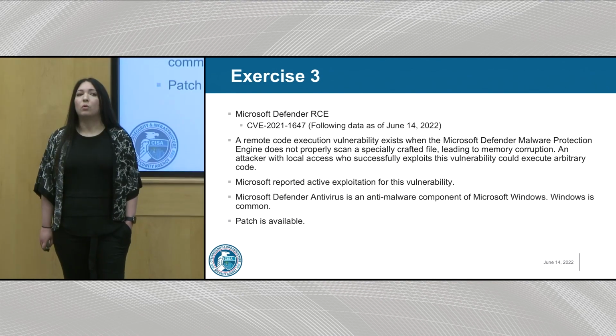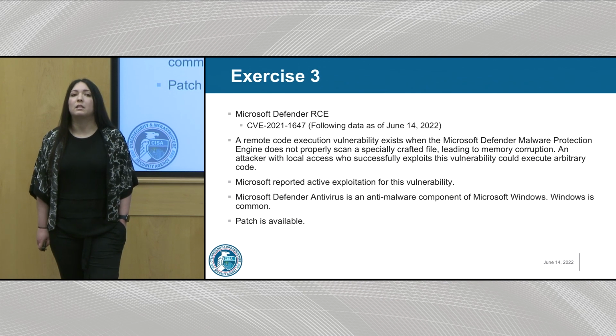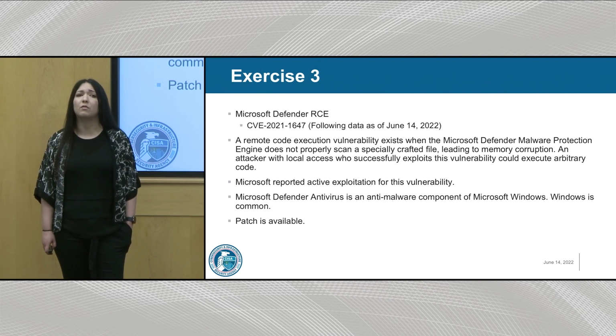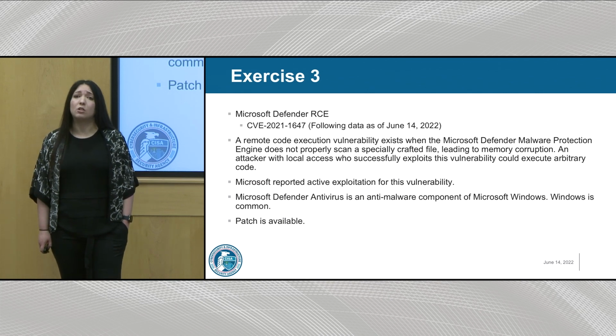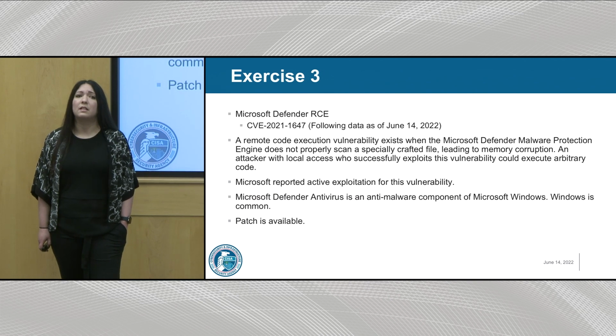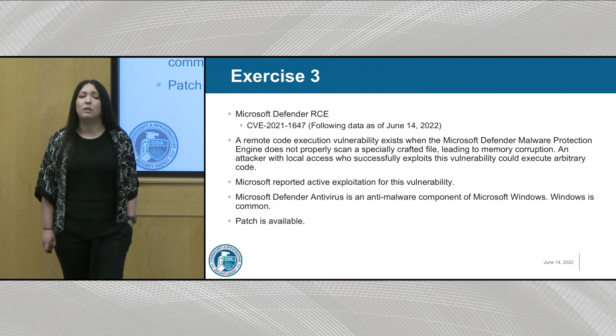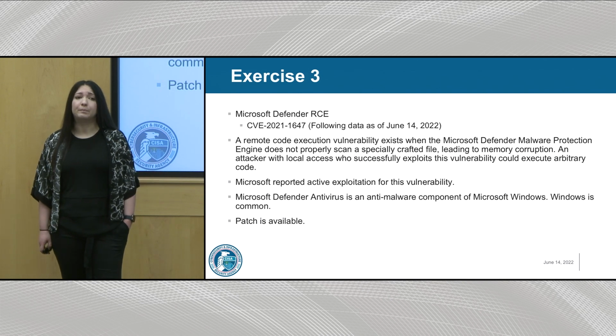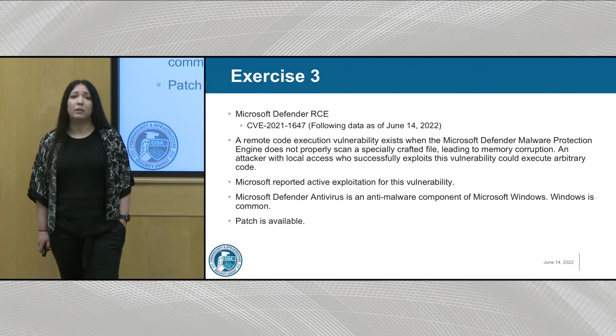An attacker with local access who successfully exploits the vulnerability could execute arbitrary code. Microsoft reported active exploitation for this vulnerability. Microsoft Defender Antivirus is an anti-malware component of Microsoft Windows, and Windows is a common operating system. And there is a patch available.